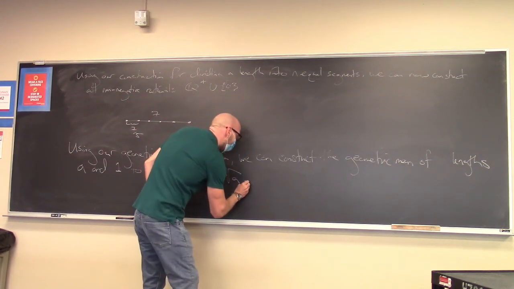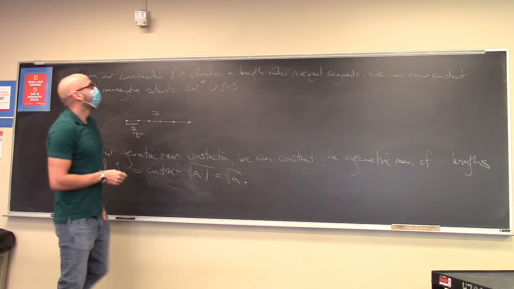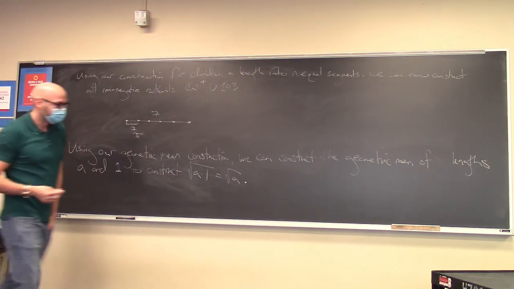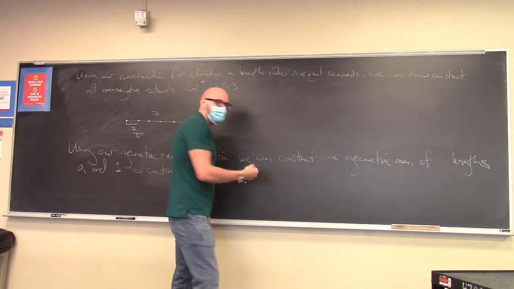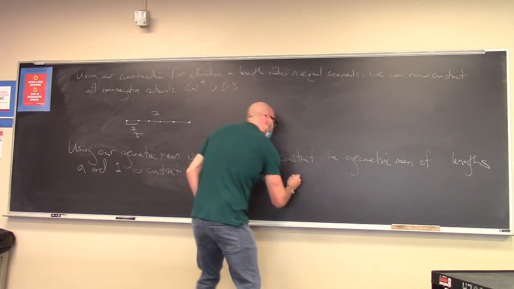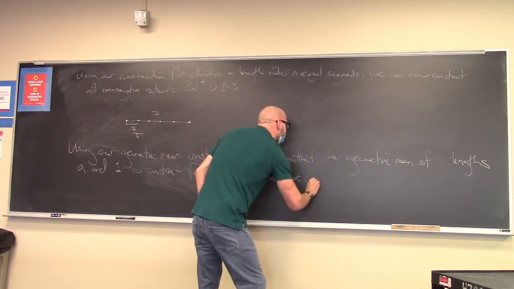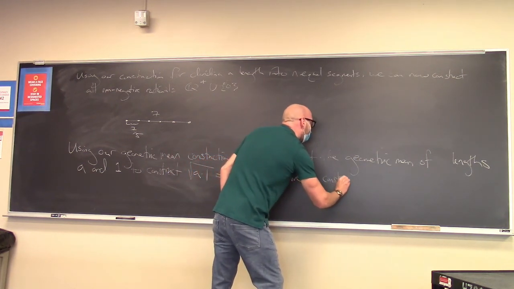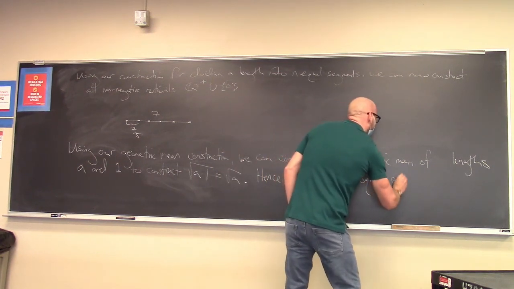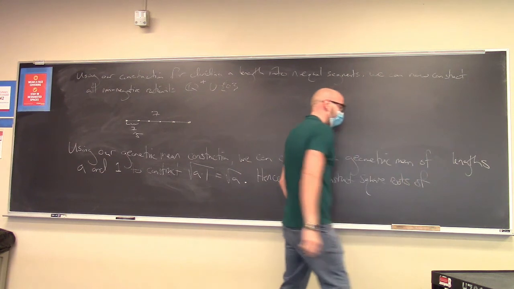Alright, so this goes even further. Now we can construct more than just rational numbers. We can construct square roots of rational numbers. Again, I always mean positive, of course, but hence we can construct square roots of constructible numbers.